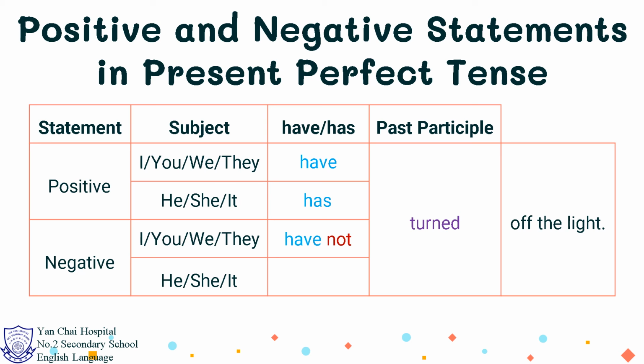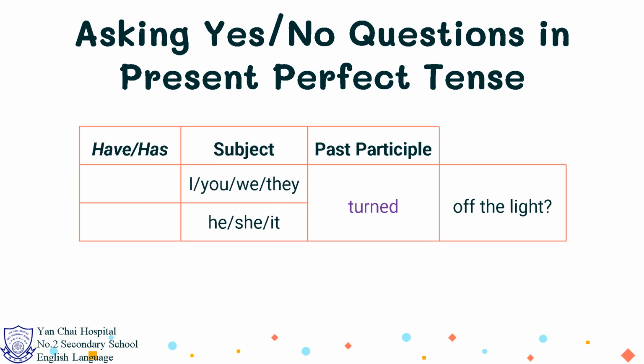He, she, it has not turned off the light. Asking yes/no questions in present perfect tense. Have I, you, we, they turned off the light? Has he, she, it turned off the light?